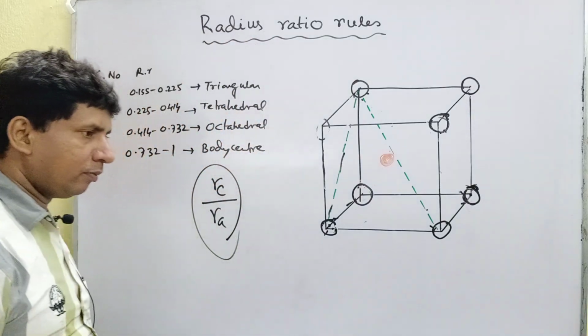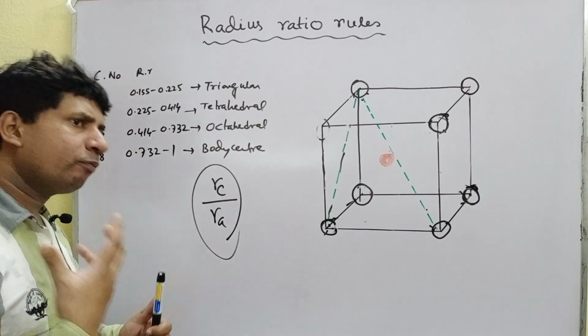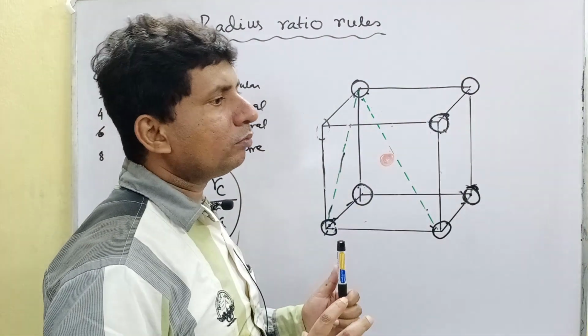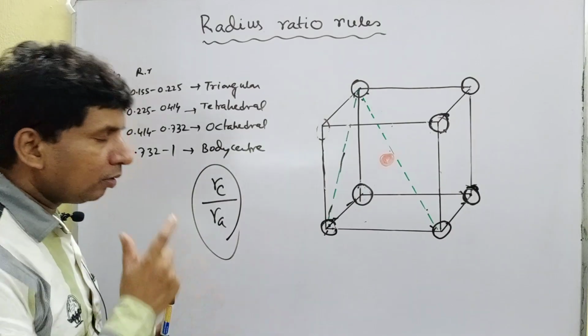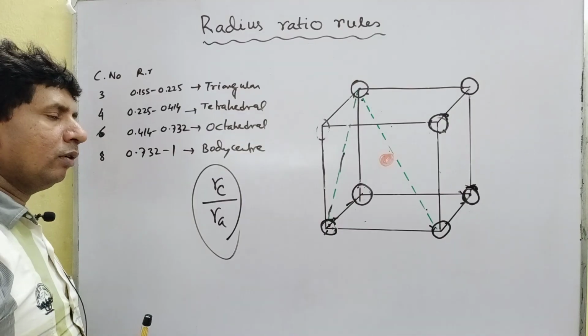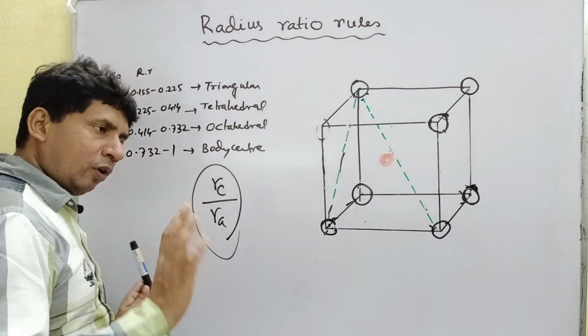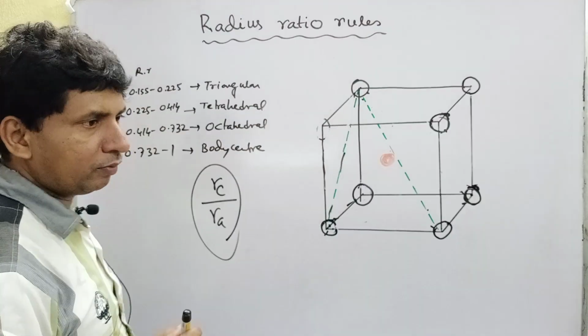It is very true. When a compound forms, the size of cation and size of anion are not comparable or equal, but the size of cation is always less than the size of anion.